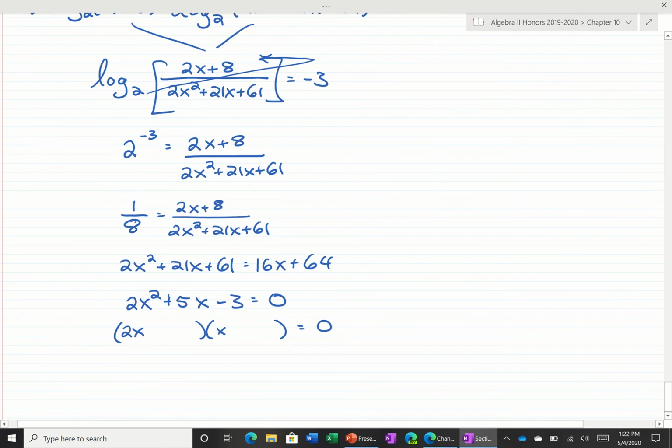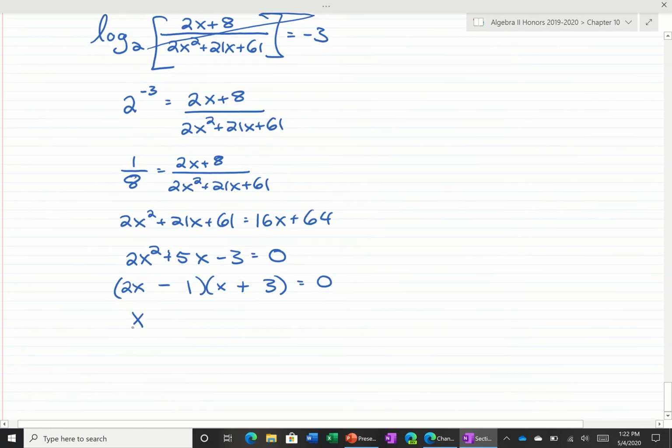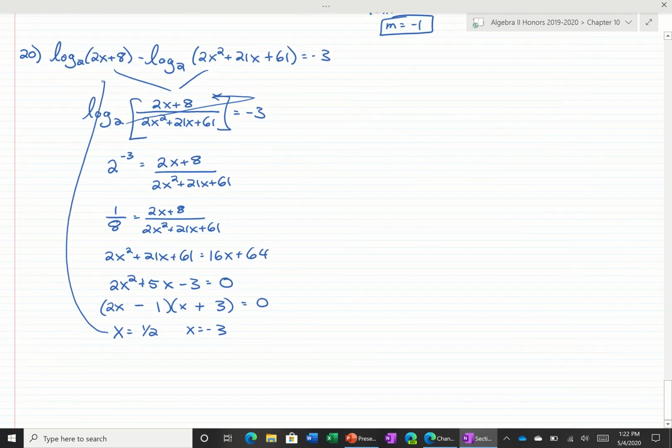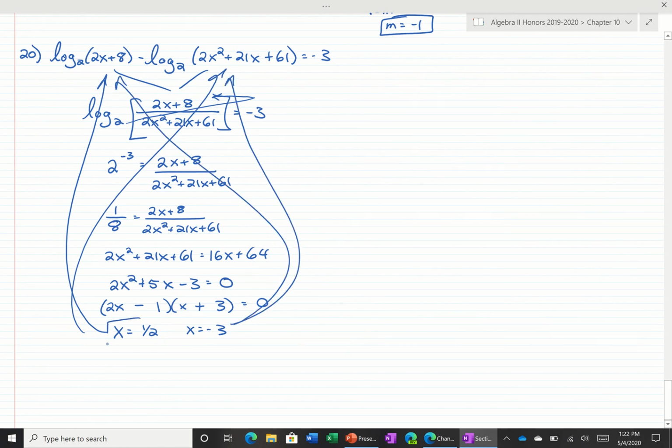We have to get 5, so we could put 3 here to get 6 and 1 here. Positive 5 would be a positive and a negative, and we get x is equal to 1/2, and x would equal negative 3. Now let's just check the original problem, make sure they work. 1/2 would work there, and 1/2 would work here. Negative 3 and negative 3. So both of those answers work. So that would be our answer.